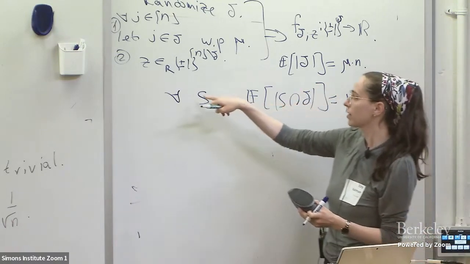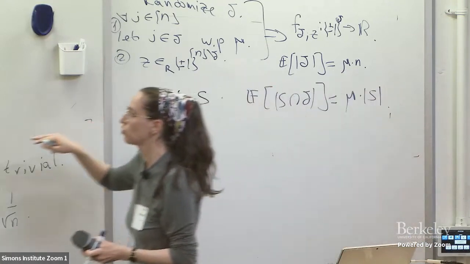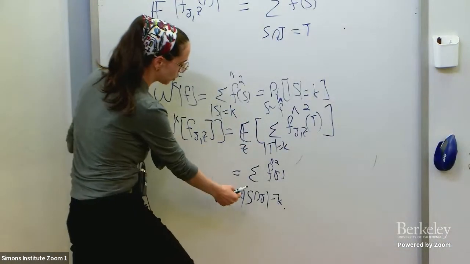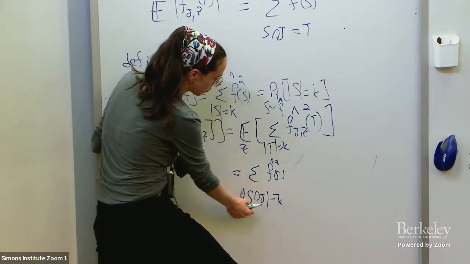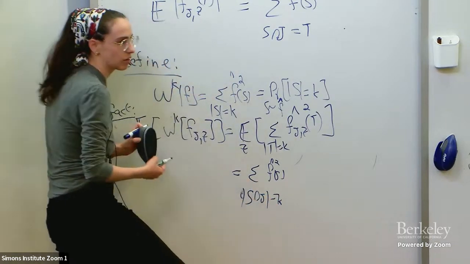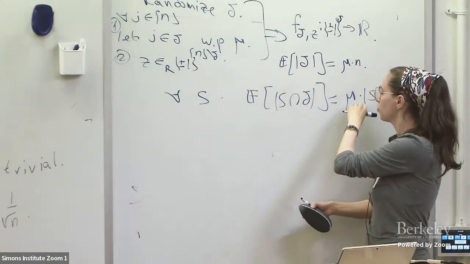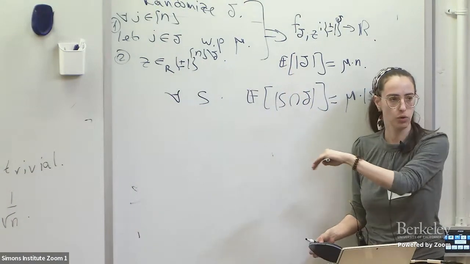Because of the contribution of the Fourier coefficient of S after the random restriction: the contribution to some level will be exactly the size of the intersection of S and J. So you can see now that this is a way to take large Fourier coefficients, and when we do random restriction, we push their weight to low levels.